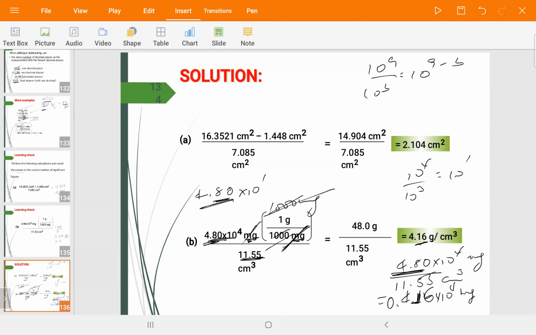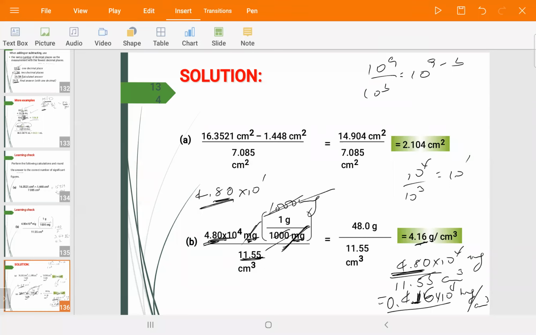0.416 over ሚሊግራም over ሴንቲሜትር ኪዩብ ይሆናል፤ so either way it is the same። ከዛ በኋላ እዚህ ጋር ሚሊ ማለት 10 to the power of -3 ስለሆነ 10 to the power of 1 times 0.416 ይመጣል፤ ስንት ይሆናል? 4.16 gram። so in either way it is the same.